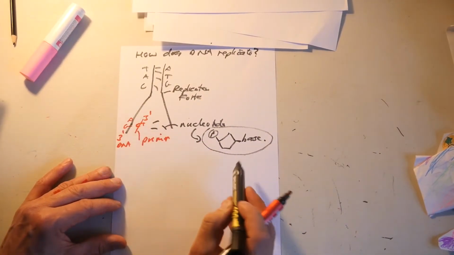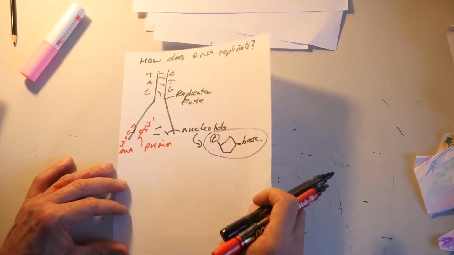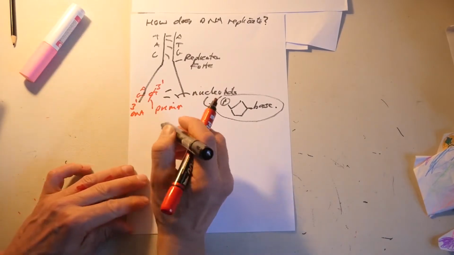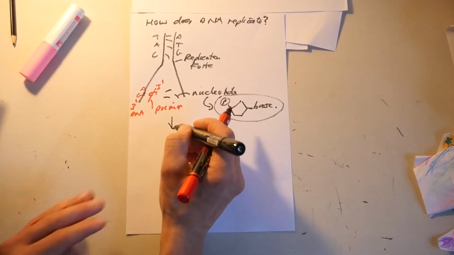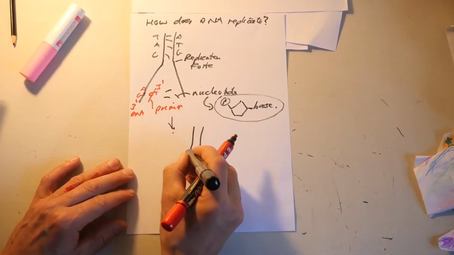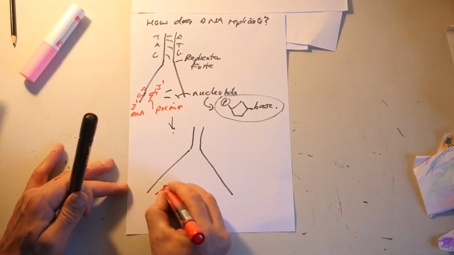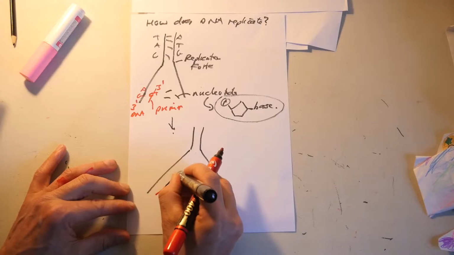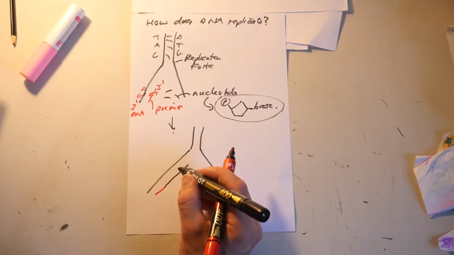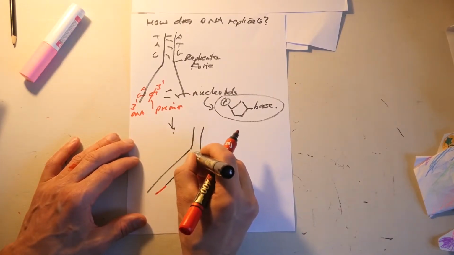So nucleotides coming in, individual ones, which is base, sugar and phosphate, okay? You get individual nucleotides coming in.